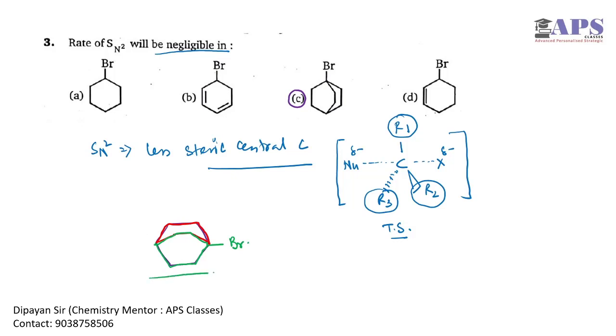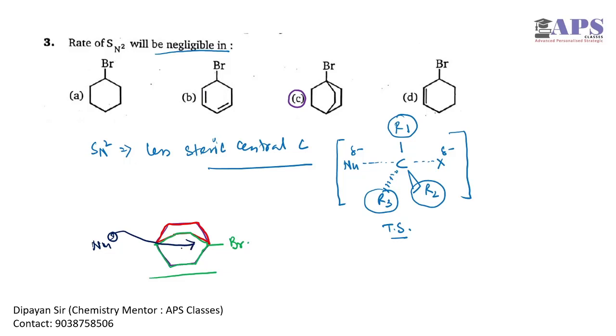This cyclic part will look like a cage, and it is basically introducing a huge steric factor. As a result, the nucleophile cannot approach from the back side.